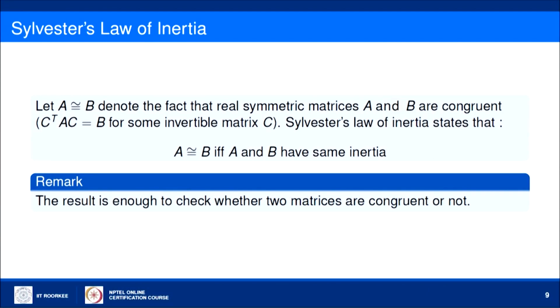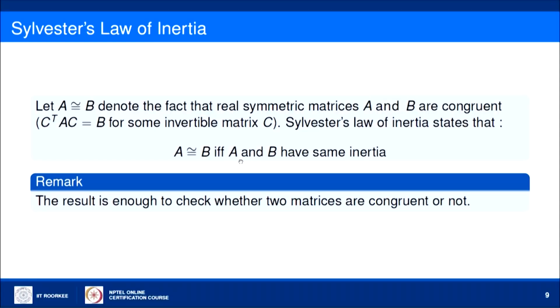Now, we will see a very important result called Sylvester's law of inertia. This theorem tells us that, for two real symmetric matrices A and B, and the same result holds for Hermitian matrices also, A and B are congruent if and only if A and B have the same inertia.